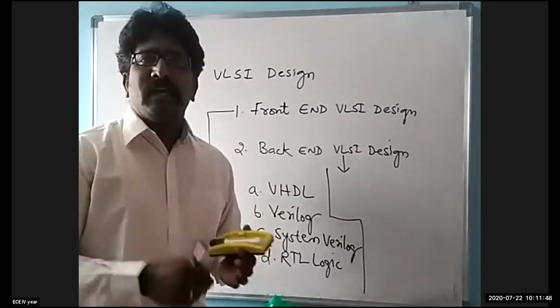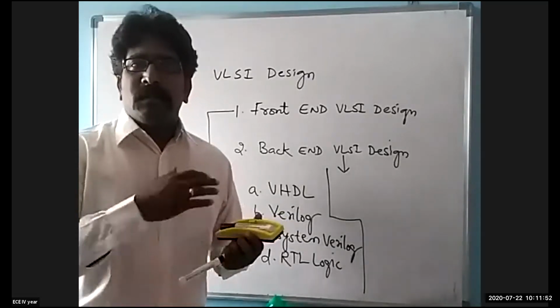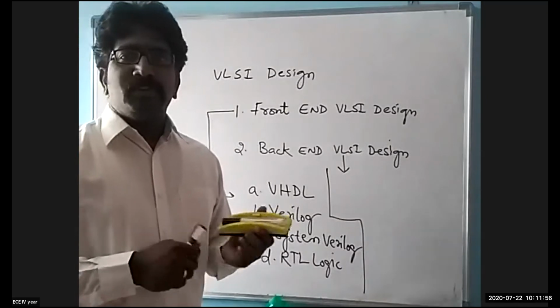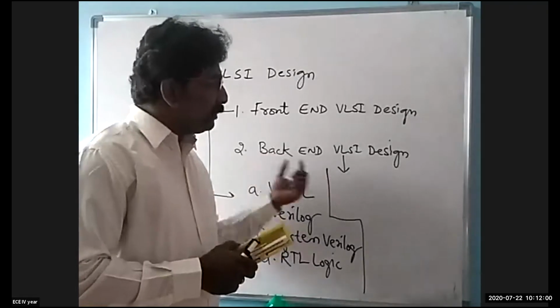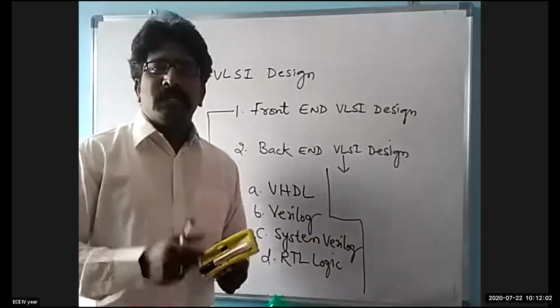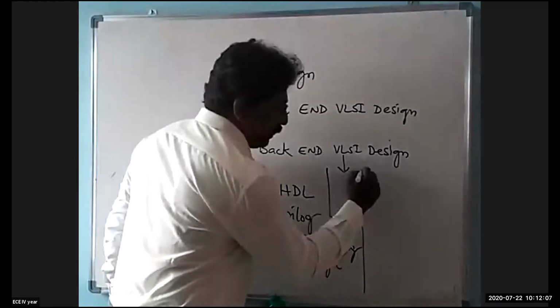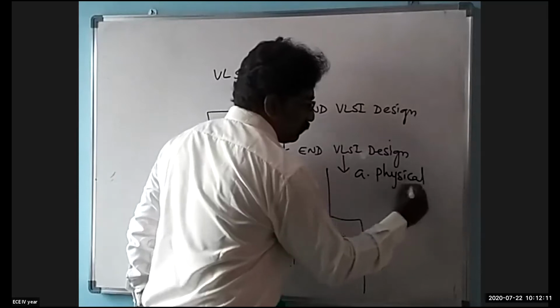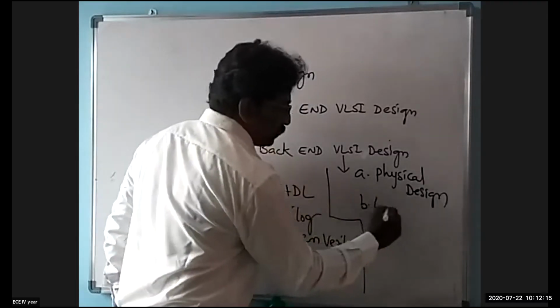It can be an adder circuit, a counter, an amplifier, or any analog processing unit or digital signal processing unit, whichever it may be. Back-end design relates to the physical design and layout design.